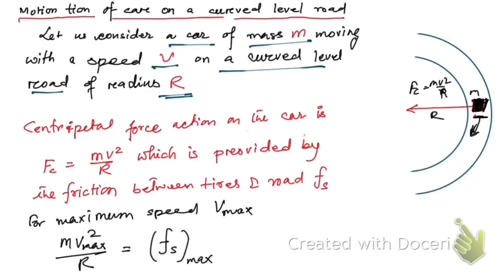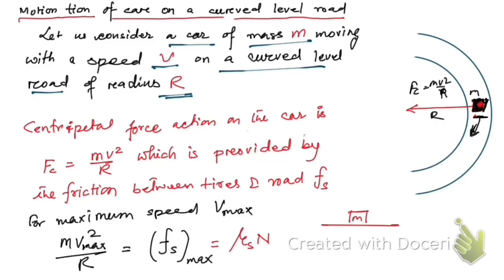We know that this static friction is equal to the coefficient of static friction, that is mu s, into N, which is the normal reaction force, which is acting upward on the car. So now you see, this is the road and this is the car.